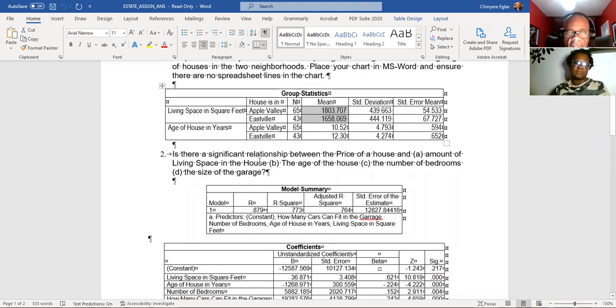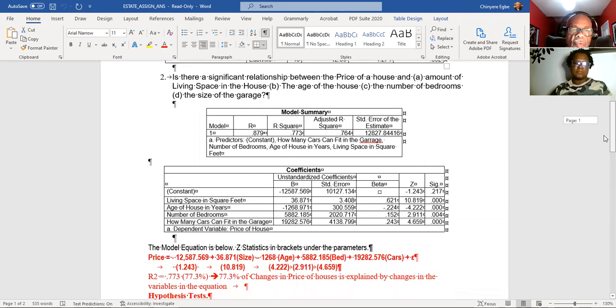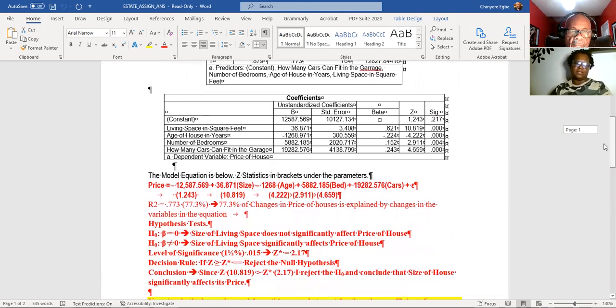Now, is there a significant relationship between the price of a house and the amount of living space, the age of the house, and the number of bedrooms? Okay, so now this is where you do hypothesis testing. What I did was state the model for you, and the null hypothesis.